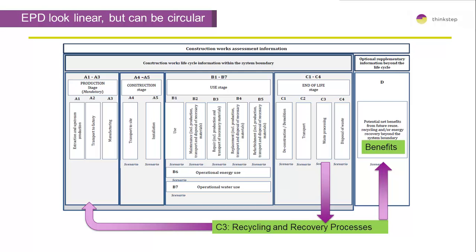And what actually happens in an EPD is that there are these loops. When we have these recycling processes, it's linking back and being used as raw materials in the input processes, and we're looking at the benefits that's actually occurring. So we do follow this whole circular approach when we actually do an EPD.